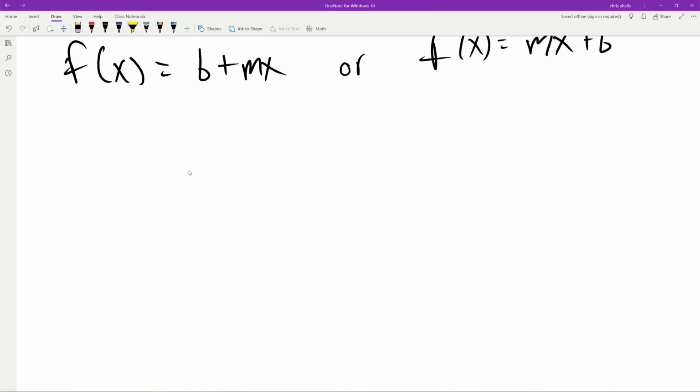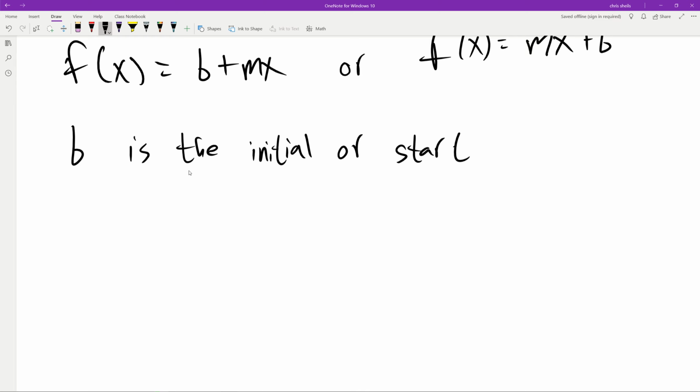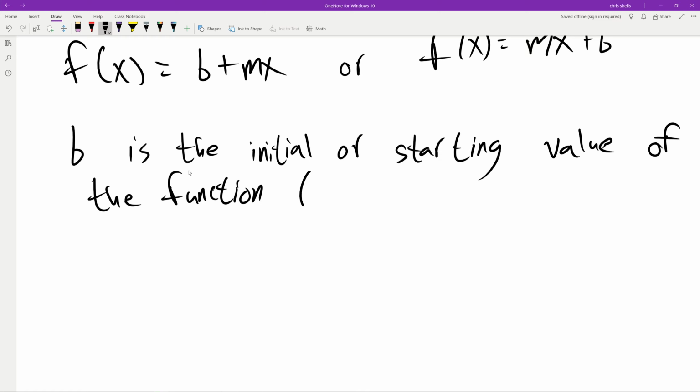Here, this number b is the initial or starting value of the function. This is when the input x equals 0.